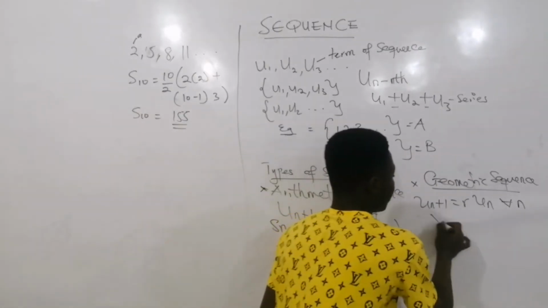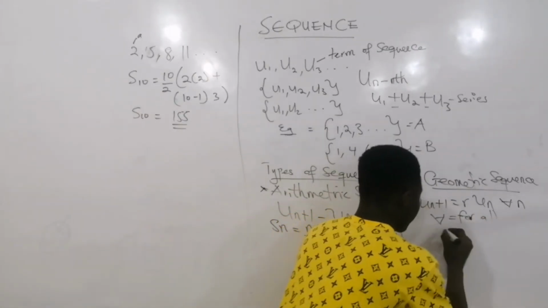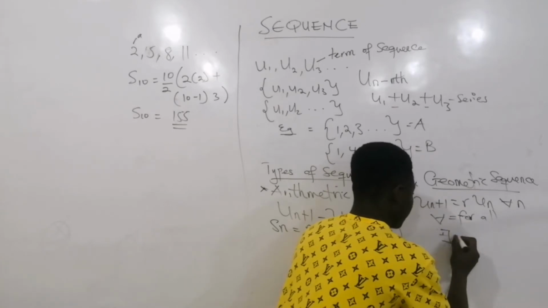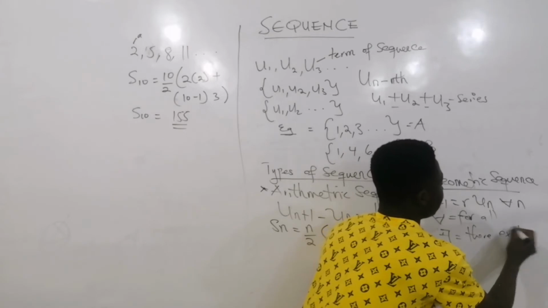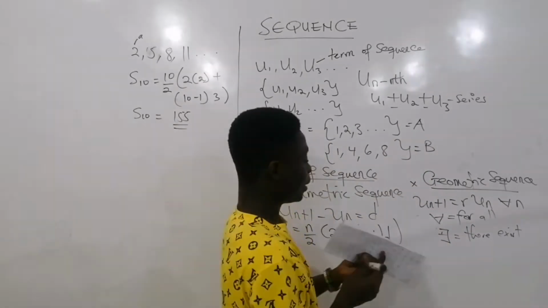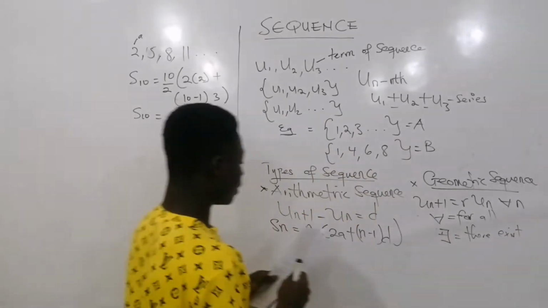Note this symbol means "for all." We have another one, which is this, "there exists." You should note that. So this symbol is for all and this is there exists. So with this, let's look at something.